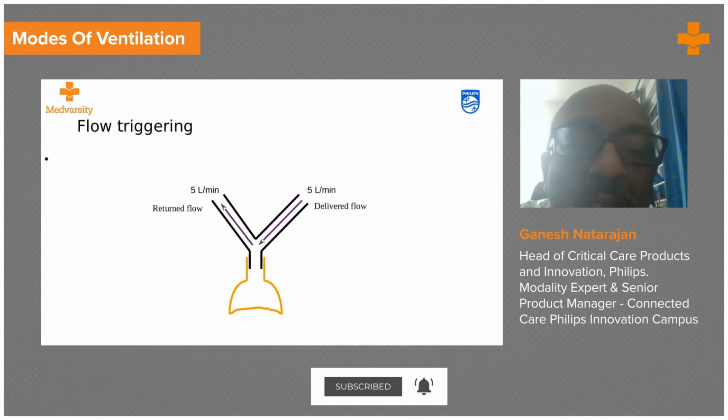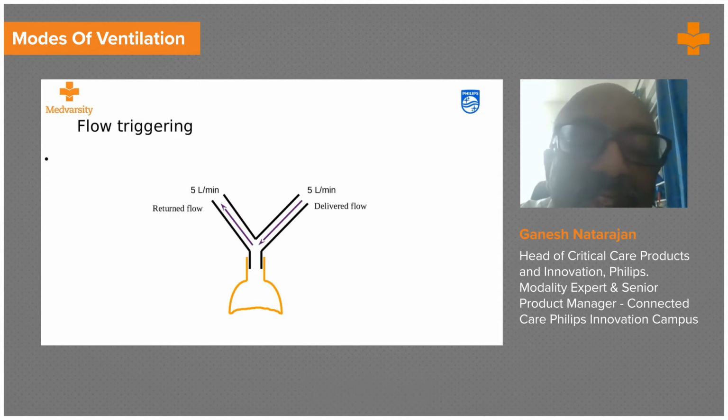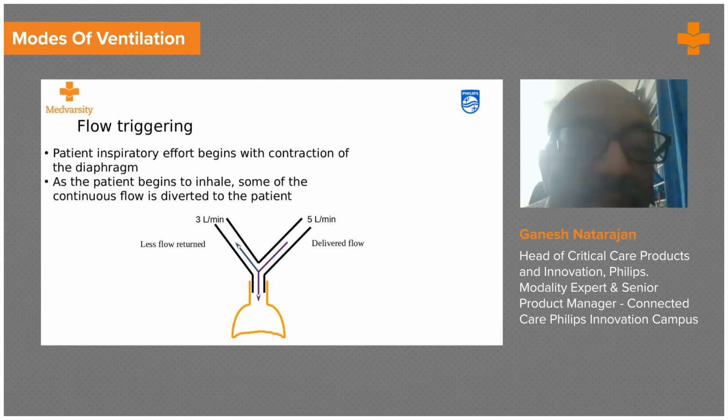Now, in a flow trigger, there is a bias flow, meaning that even in the expiratory cycle, there is a flow going from the inspiratory side to the expiratory side. Normally, most machines have a bias flow of 5 liters per minute. If the patient is not triggering, it starts on the inspiratory and ends up on the expiratory. But in case a patient triggers, what happens then?